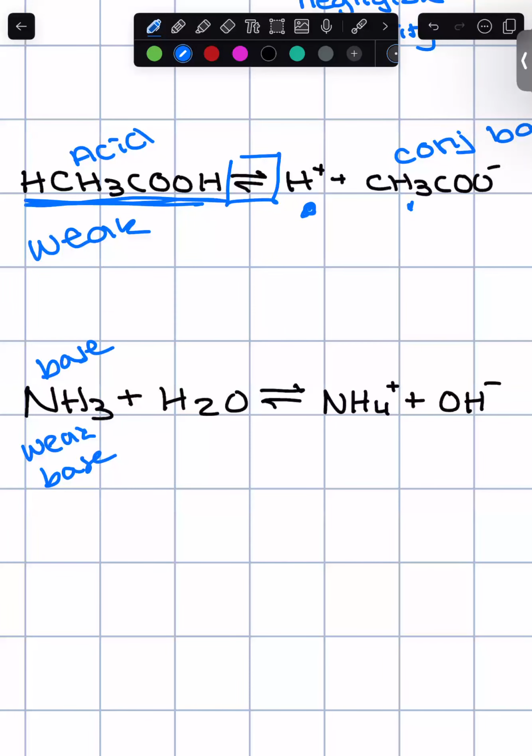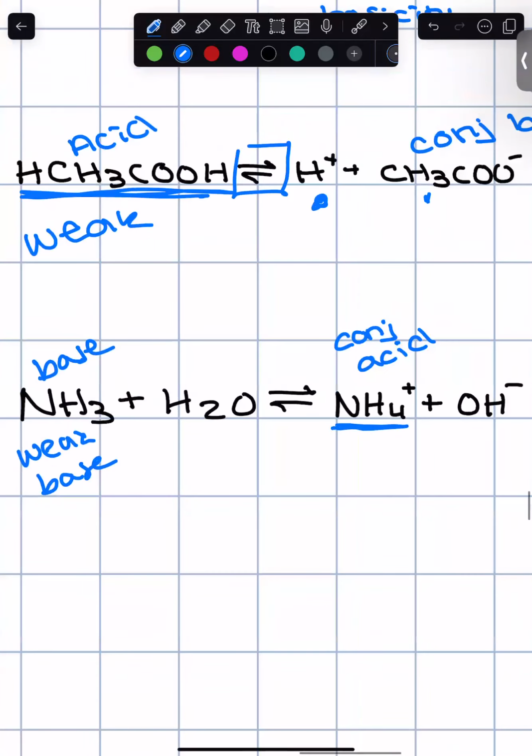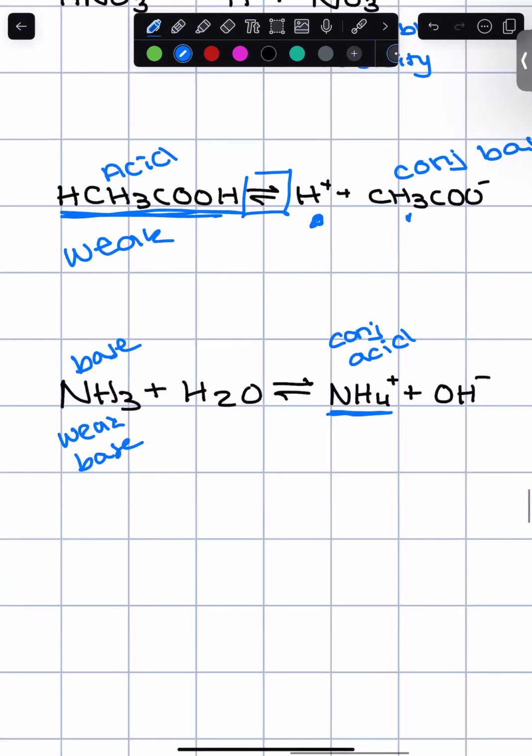So what do we call this, NH4+? That's what we call the conjugate acid. And that conjugate acid does act like an acid, and that is what will cause this equilibrium to occur between the base NH3 deprotonating water and the acid ammonium protonating hydroxide.